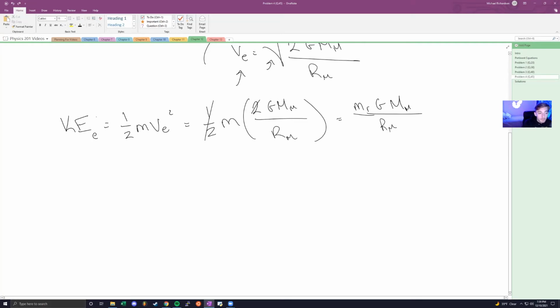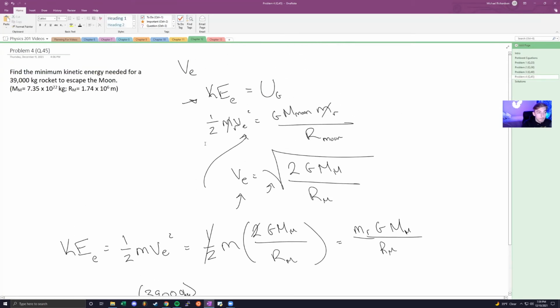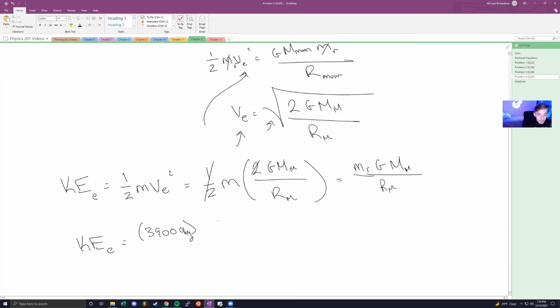Okay, so plugging in numbers now, we get that this is going to be 39,000 kilograms times our gravitational constant, which is 6.67 times 10 to the negative 11th newtons times meter squared over kilogram squared.